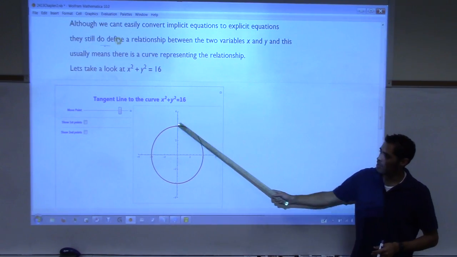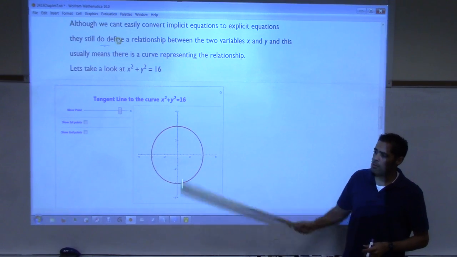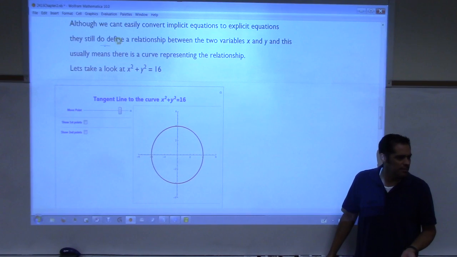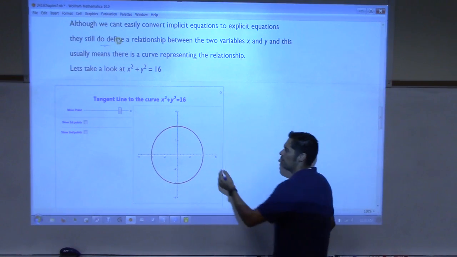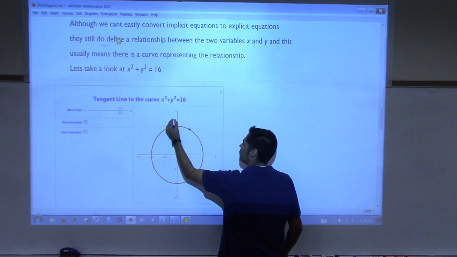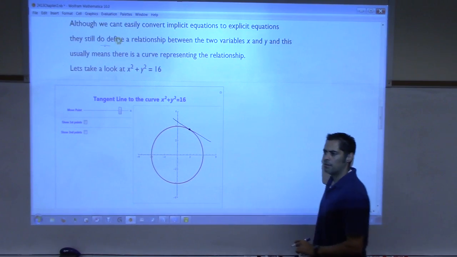Now we have something, it's a curve, it's defined by that equation. It has tangent lines. I mean, you can pick any point on this circle, right? And you can imagine that there is a tangent line on that point.